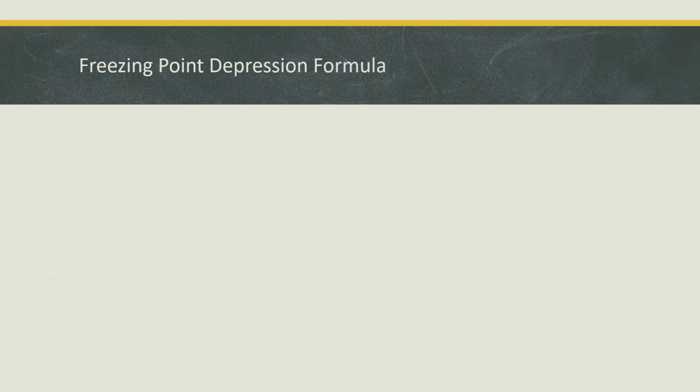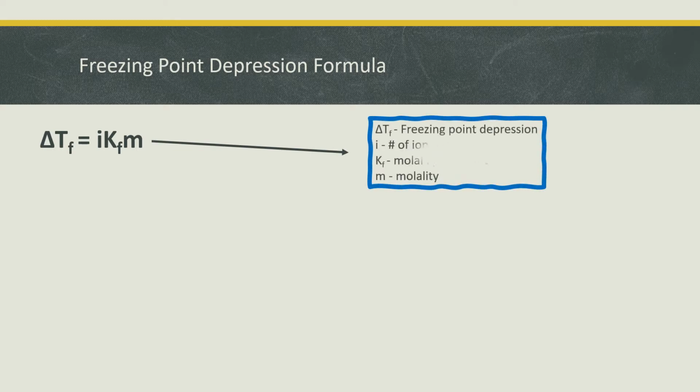Okay, in this slide we're going to talk about the freezing point depression formula. So that's appearing right there on your page. Delta T sub F equals i K sub F m. So again, just like we learned before, we got to know what each one of these variables means. The delta T sub F is the freezing point depression. i, again, is the number of ion particles.